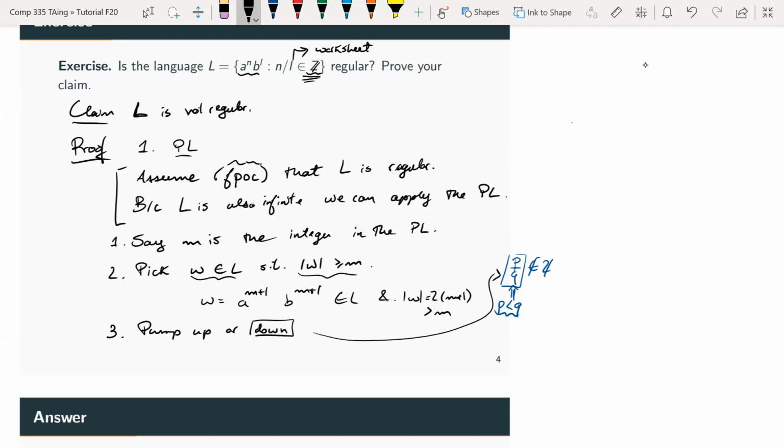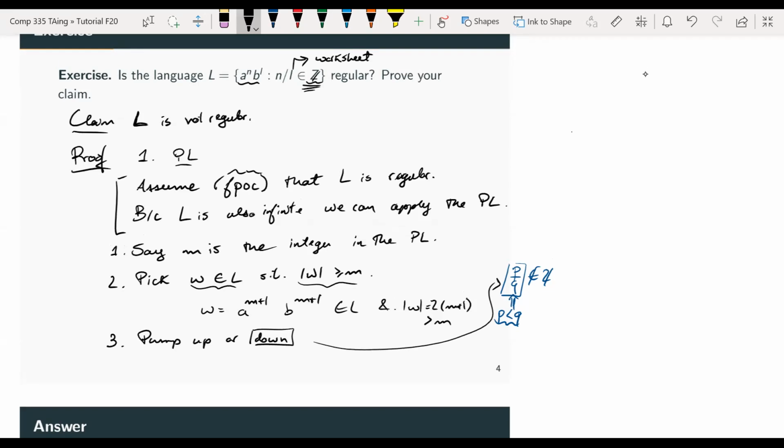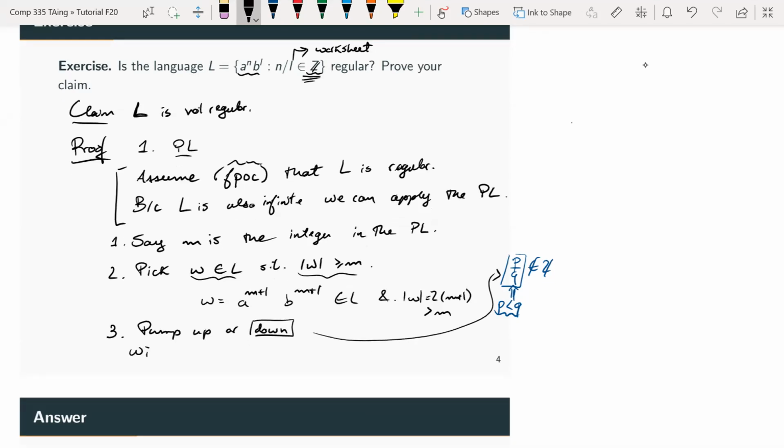Just a reminder, to pump down, I have w to the i, which is equal to x, y to the i, z. Remember, I can decompose w as x, y, z.